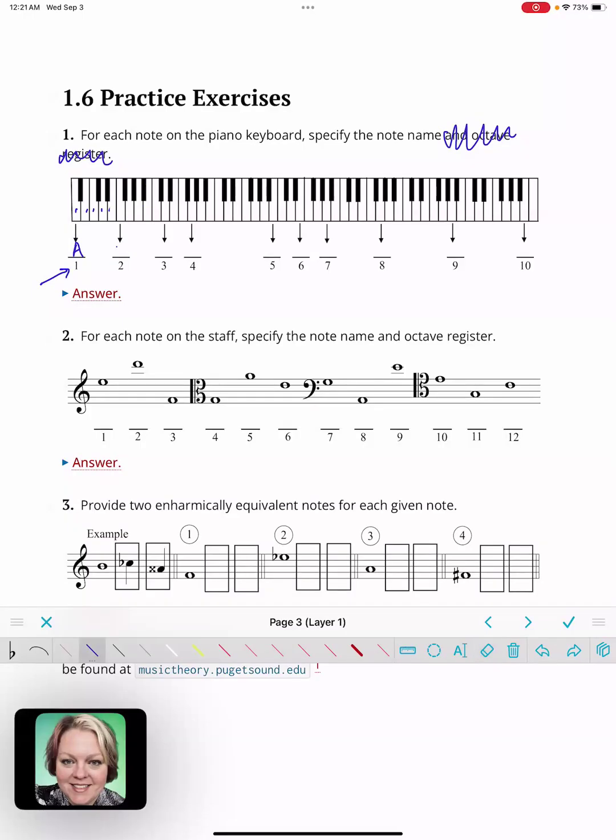Every time you have a group of two black notes, the white note in between is always going to be a D. It's called the Oreo method because it's like the two chocolate cookies with the creamy white center, right? So in this case, that's the note they're asking for. The one right between is going to be a D.